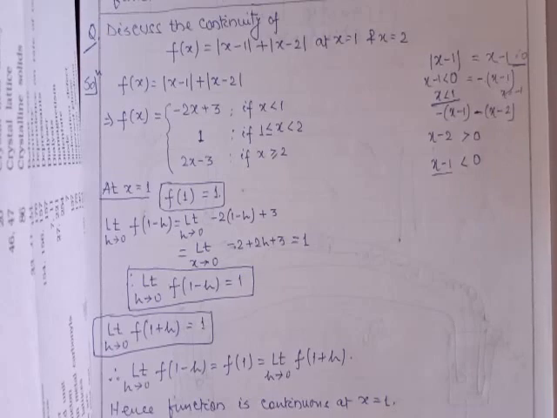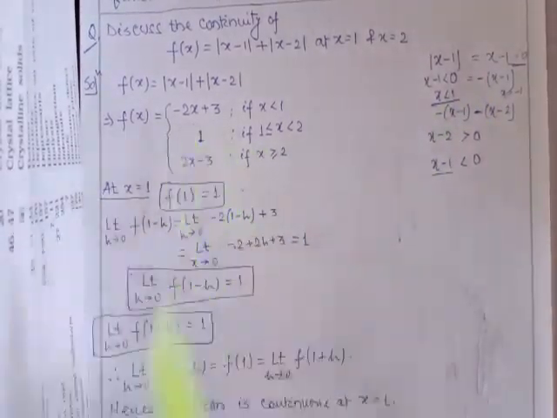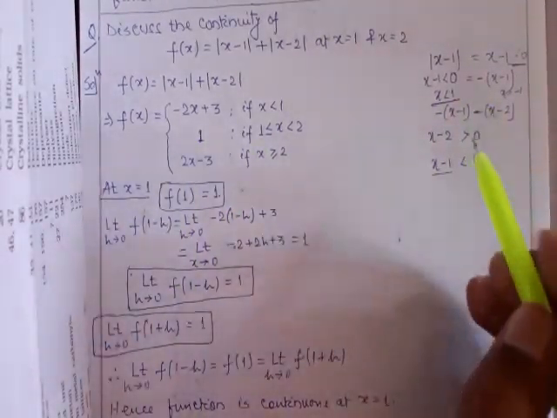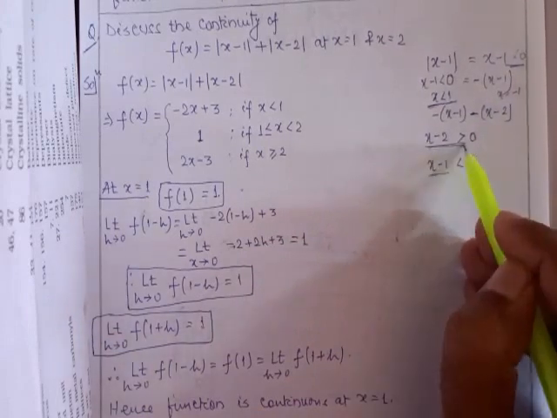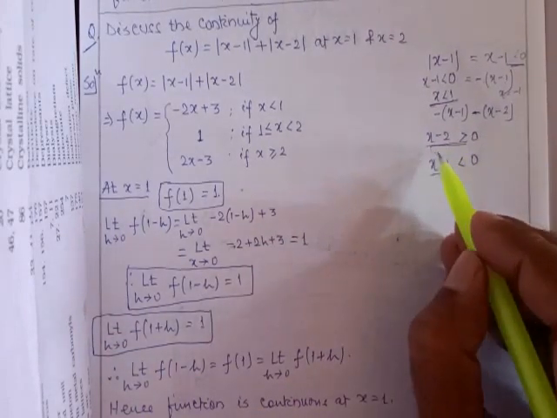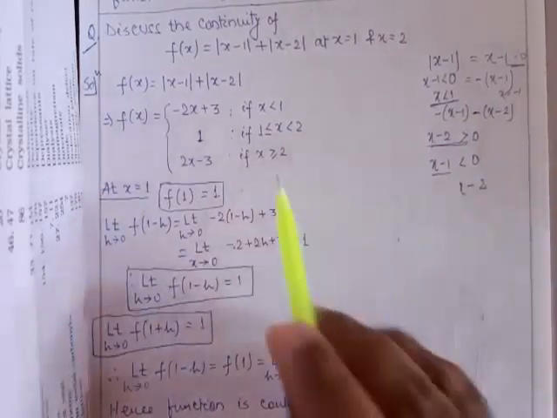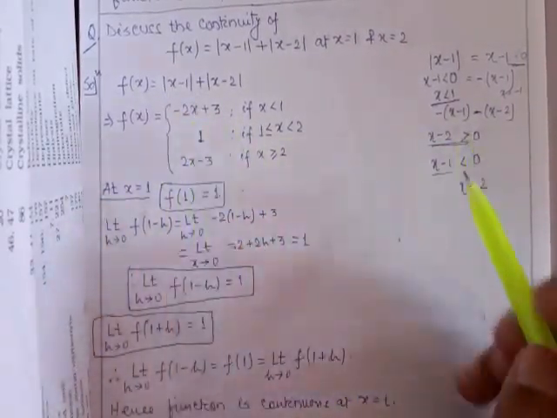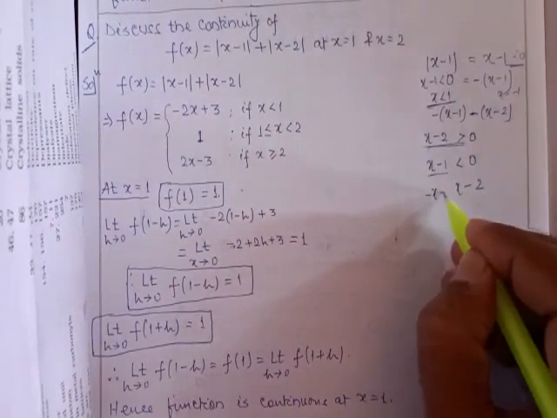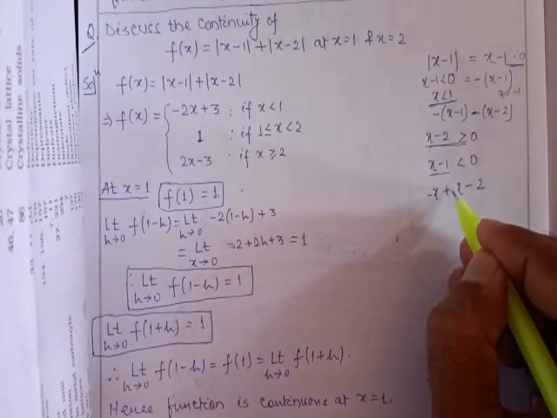And second case, when x − 2 is less than 0, then it becomes positive, that is x − 2, and it becomes negative: −x + 1 and −x + 2.